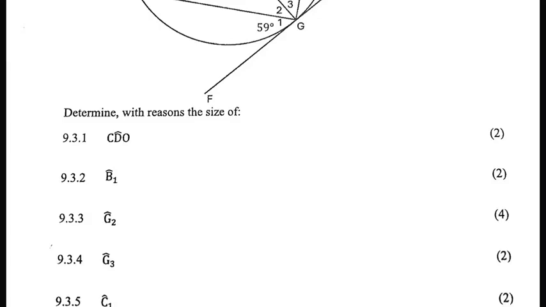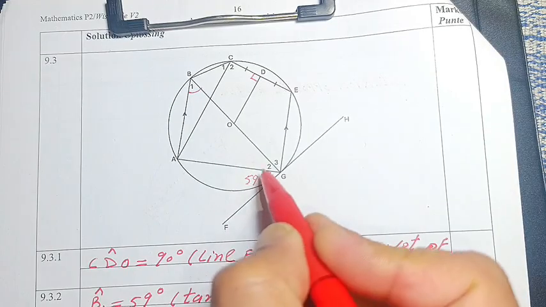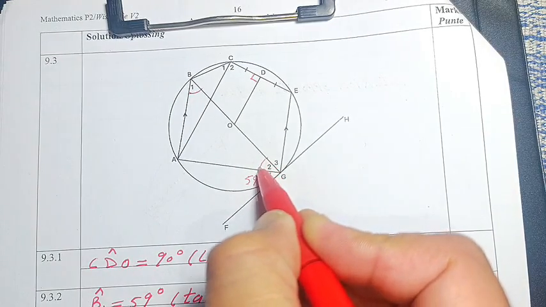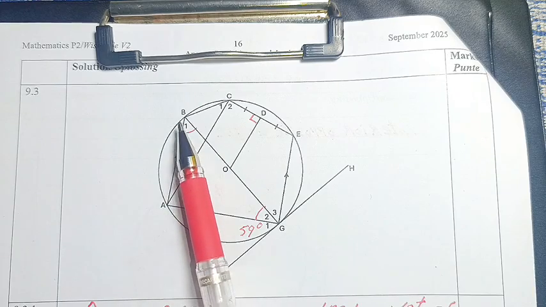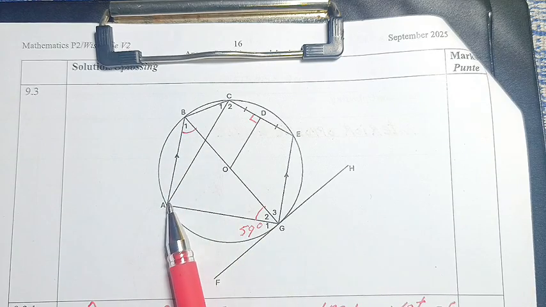9.3.3 angle G2. Now I need to find the angle G2, this one. We must remember angle BAG is going to be equal to 90 degrees, angle in the semicircle.